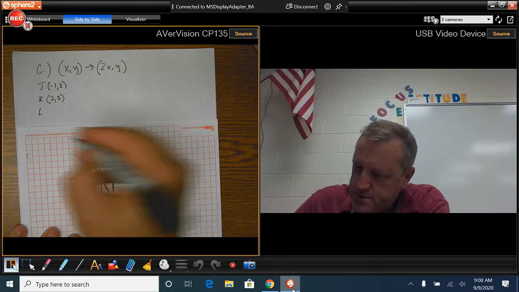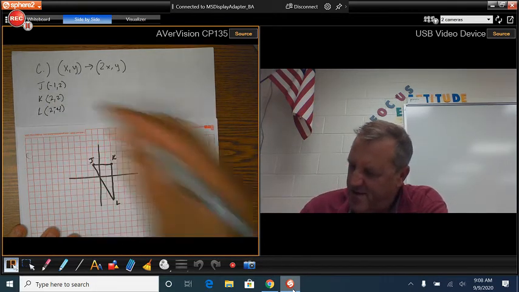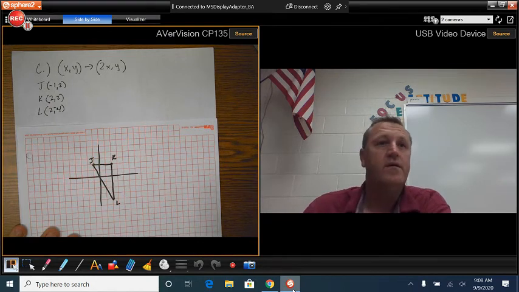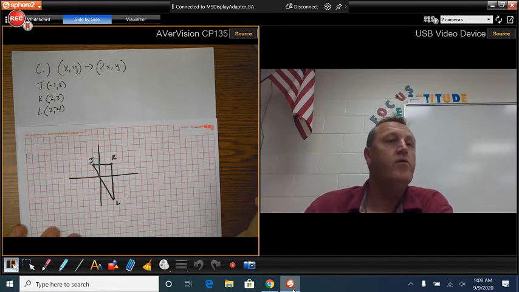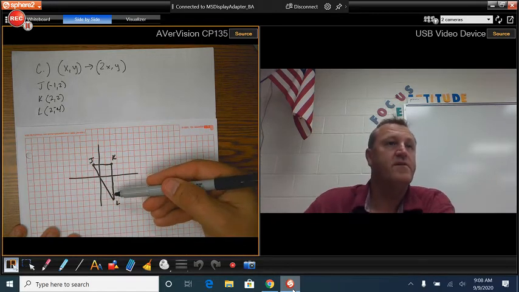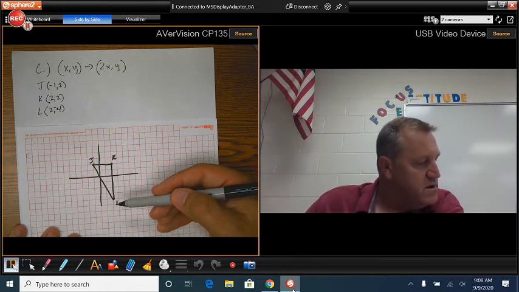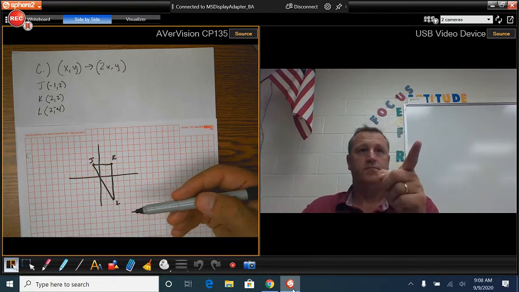And then L is 2, negative 4. Now, all those just come straight from the graph. So you just have to look at the graph paper. Okay, so they're not given to you. You don't have to generate them in any other way. Okay? Good? All right.